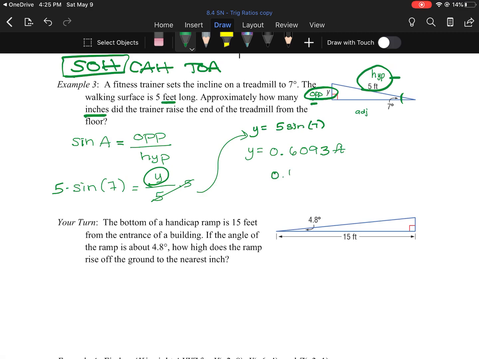I'm going to take that value, 0.6093, and multiply that by 12, because there's 12 inches in a foot, and that gives us approximately 7.3 inches. So if you were at a 7-degree incline for this problem, with the length of the ramp, that's approximately a 7.3 inch raise off the ground.